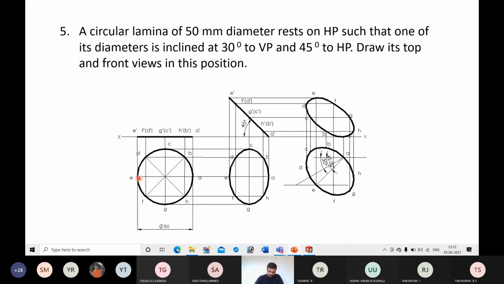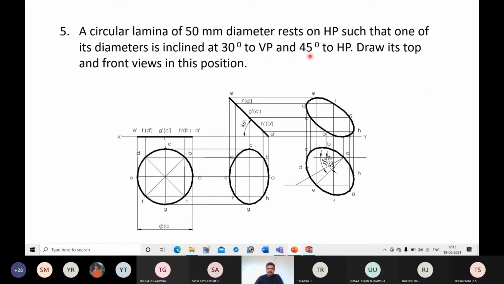Here I will consider a diameter which is parallel to the XY line so that I am able to represent its true length in front view. Okay, I will consider AE as the diameter. So in front view, AE will have the same true length.